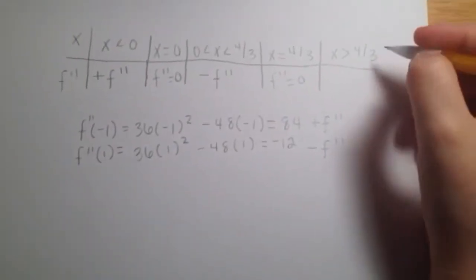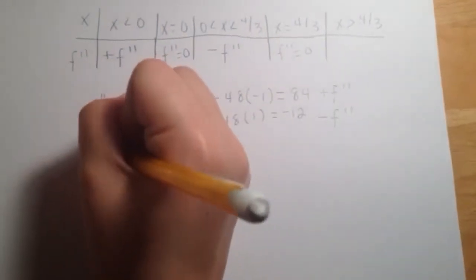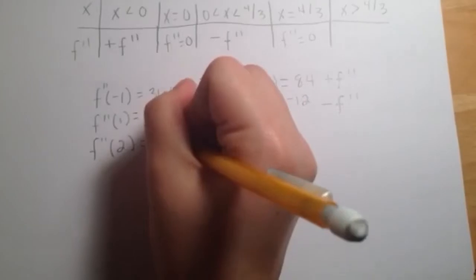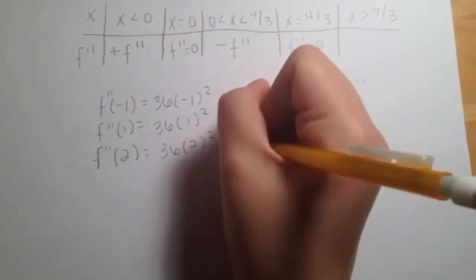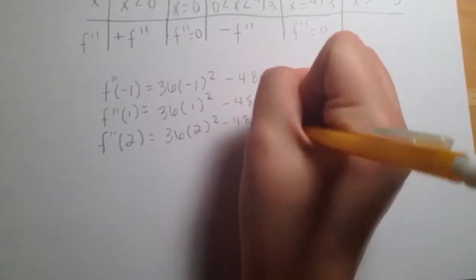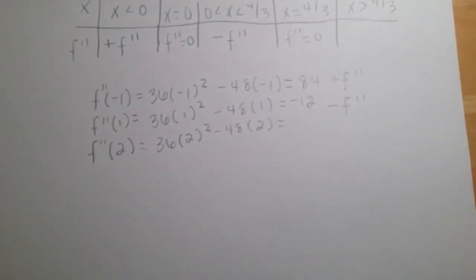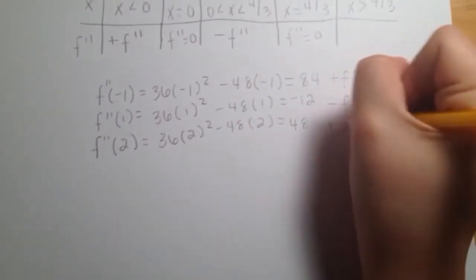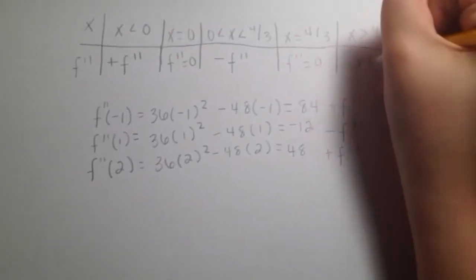Then we have to plug in a number that's greater than 4/3. I used 2. So we set up that equation: 36 times 2 squared minus 48 times 2. When you plug in those numbers, you get that it equals 48. So it's a positive second derivative. So we'll put a positive here.